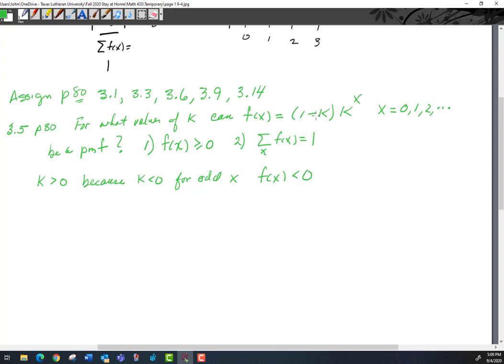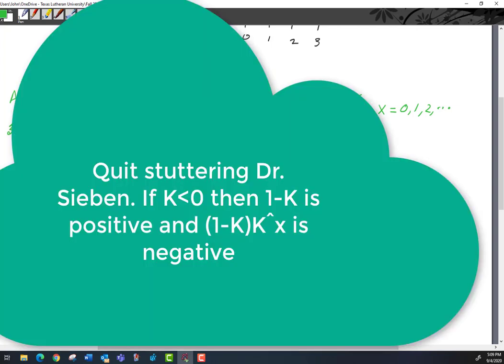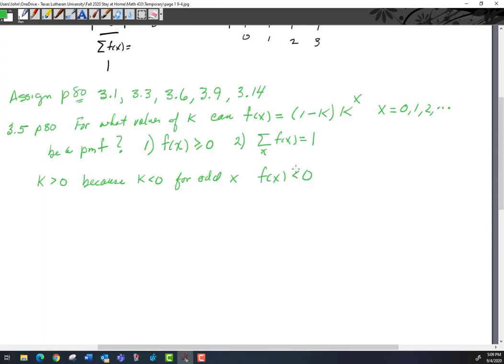And I guess if k is beyond -1, this is going to be positive, and we're going to get a negative number here, so we can't have that. And why did I say greater than 0? Why didn't I say greater than or equal to 0?